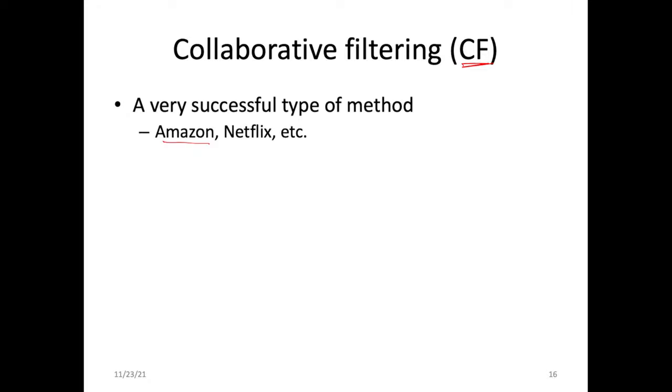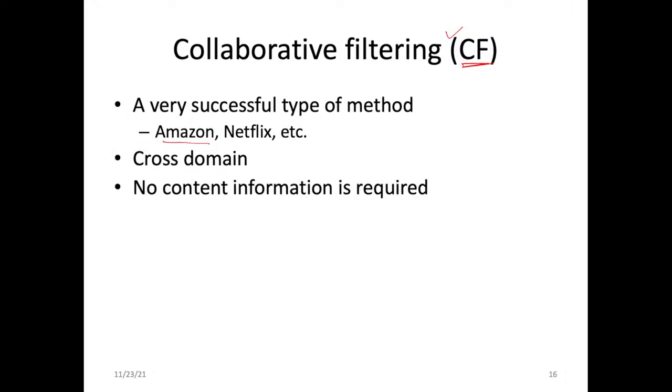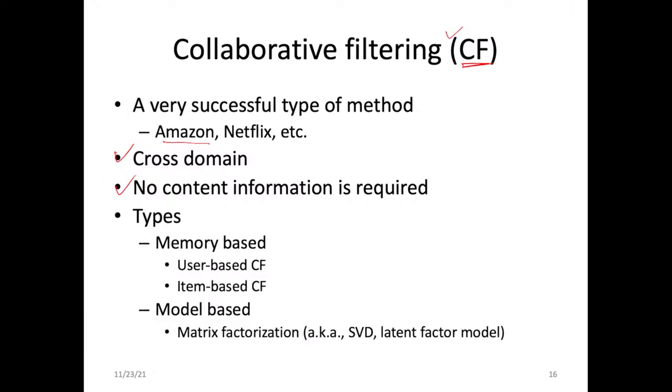So we will introduce some of the most successful CF methodology later. It is cross-domain, because we don't need to collect different kinds of information for different kinds of items, and we don't need to have the content information. And there are several different types of CF methods, which we will introduce.